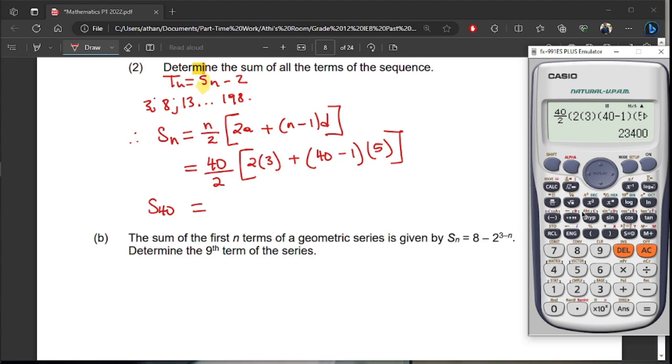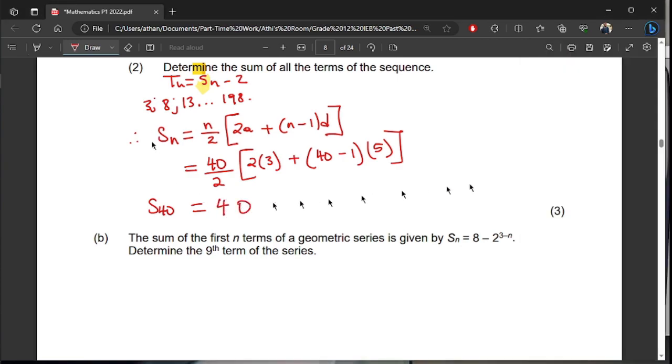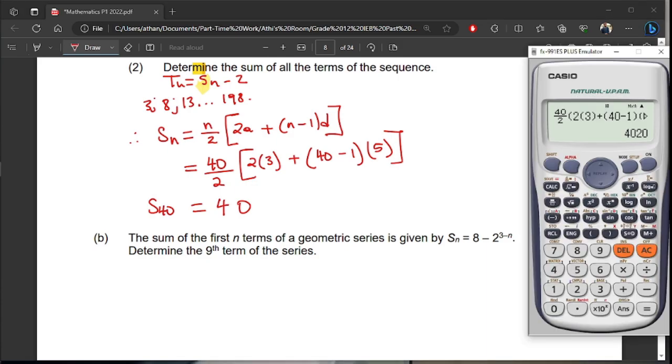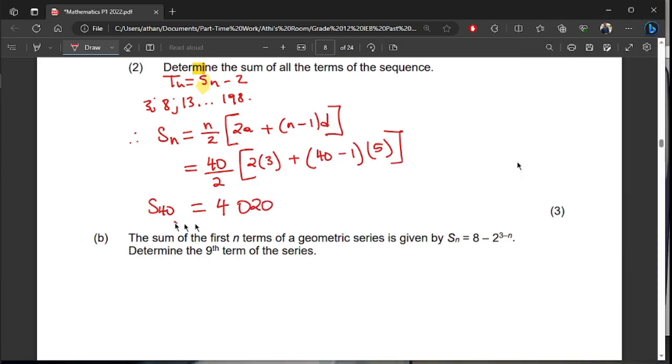Let's confirm what I did wrong here. Oh, I didn't put in the plus sign. Okay, yeah, now that's the answer. So it's 4,010. That is the final answer. Then you get your 3 marks, guys.